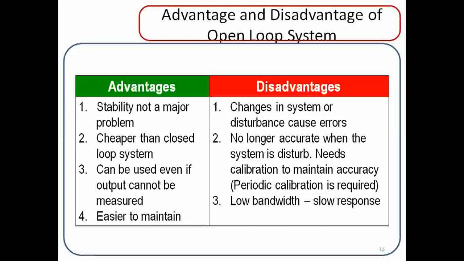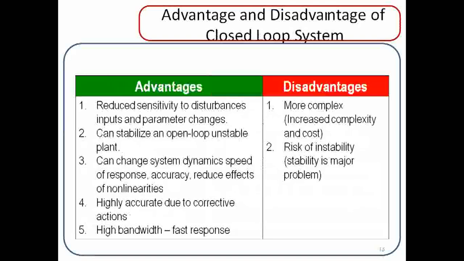It is no longer accurate when the system is disturbed, so we will not get the exact results. That's the main intent. We obtain low bandwidth or a slow response compared to the closed loop control system, and results are delayed. Whereas those limitations of the open loop control system are rectified in the closed loop control system.